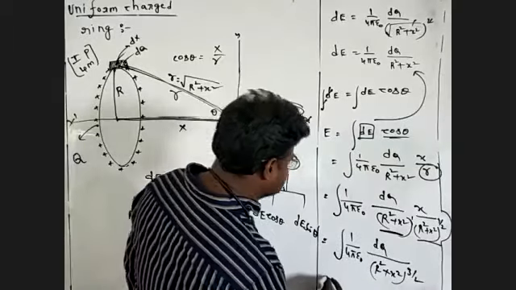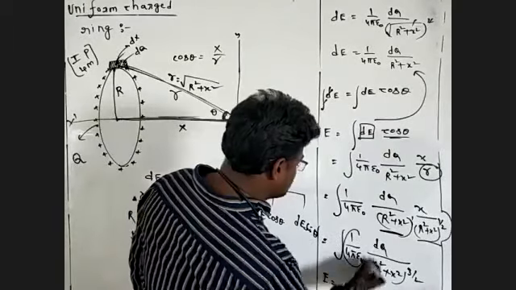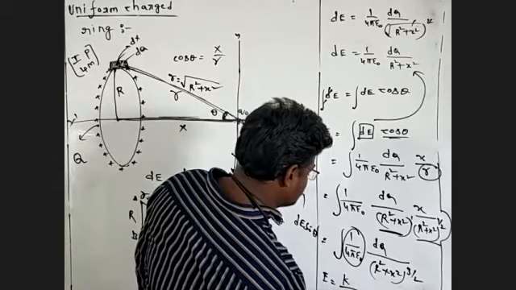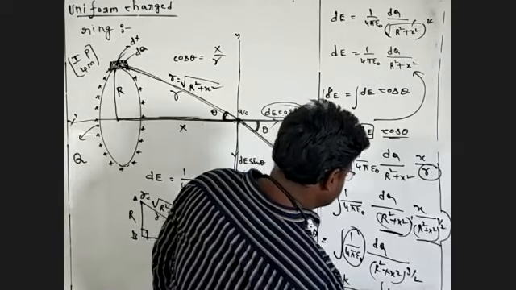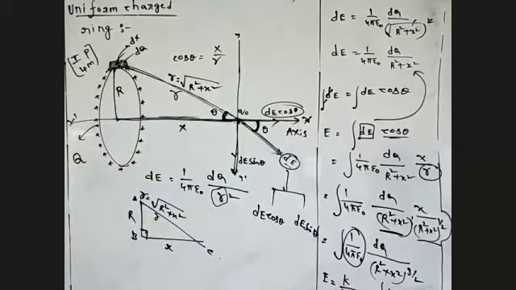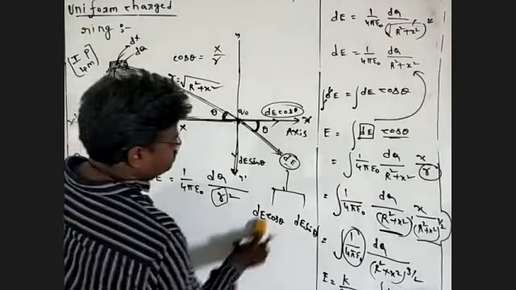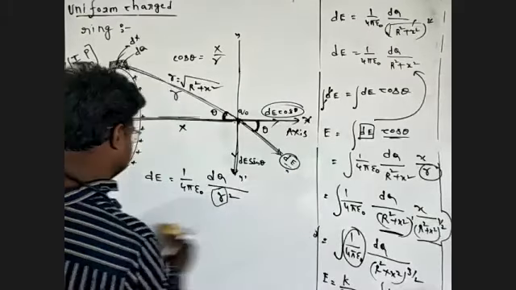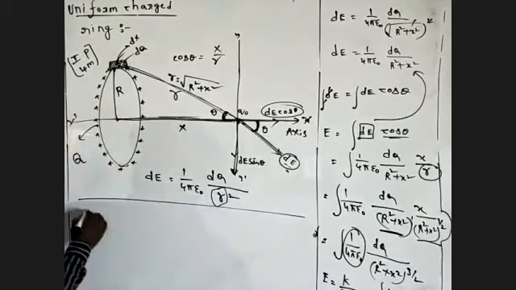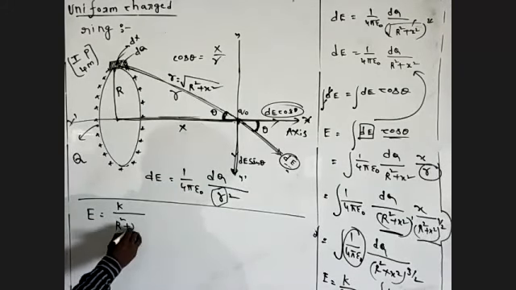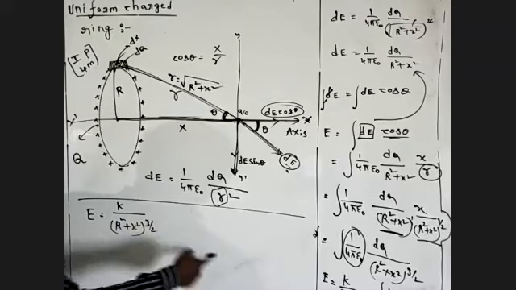Now finally I'm going to write E is equal to k x by r square plus x square whole power of 3 by 2, integration dq. Now your answer is E is equal to k x by r square plus x square whole power of 3 by 2 integration dq.